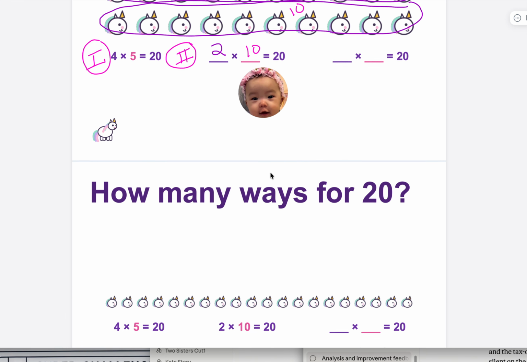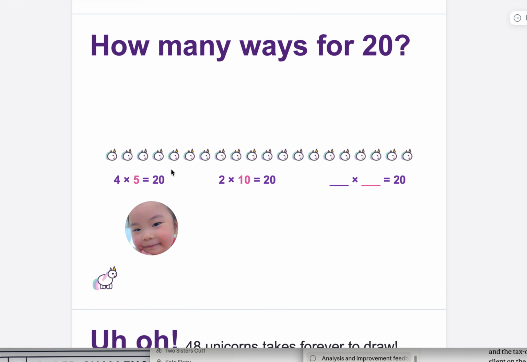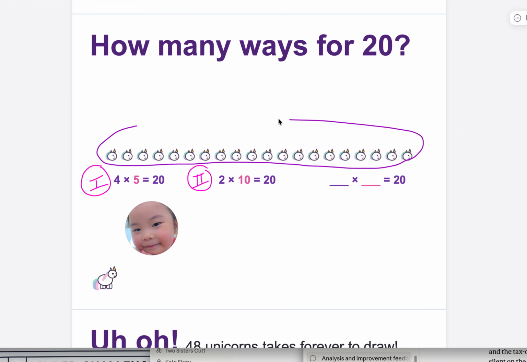Let's show it one last way, Kate. In this case, Daddy already showed you the first and the second way, and then of course the third way over here. Notice there's just one big group of unicorns here. In this group of unicorns, if you count all of them, like 1, 2, 3, all the way here, you're going to find out there's 20 of these little unicorns in this big group.